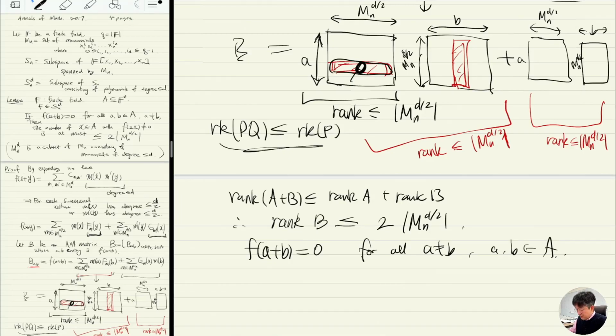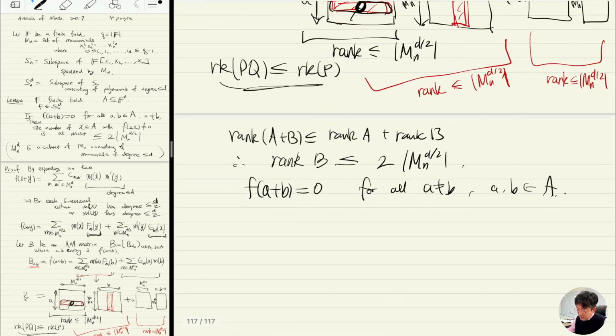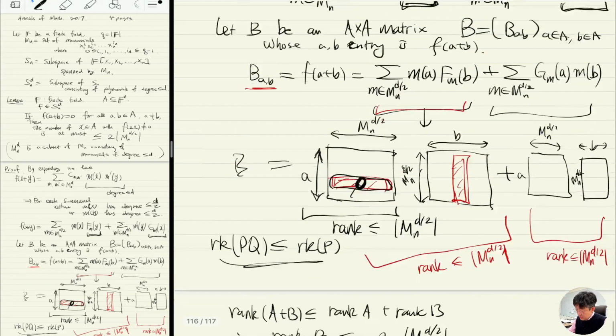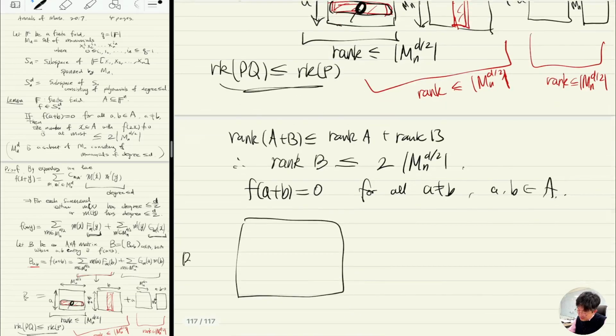So what does that mean? So that means this matrix B, so B is indexed by A and B. And if it's not on the diagonal, everything is 0.